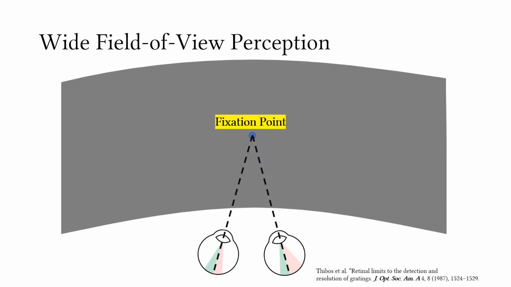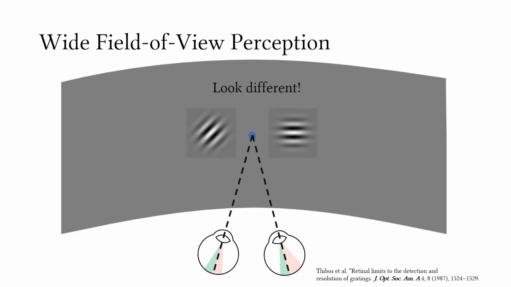Consider a user fixating at the center of a wide screen, being shown two gratings with different orientations. Due to our enhanced visual acuity at the fovea, our eyes can easily detect the stimuli and see that the orientations are different. We have the ability to both detect and resolve the stimulus.